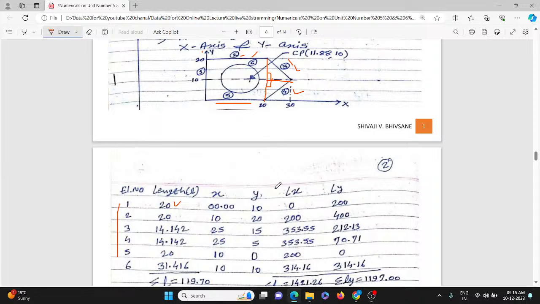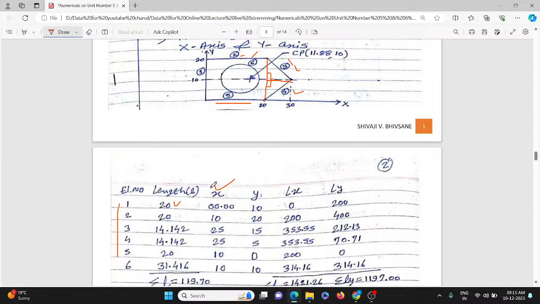The next thing you have to calculate is x. So what is x? x is nothing but the distance of that particular element's centroid of the line perimeter from the y-axis.